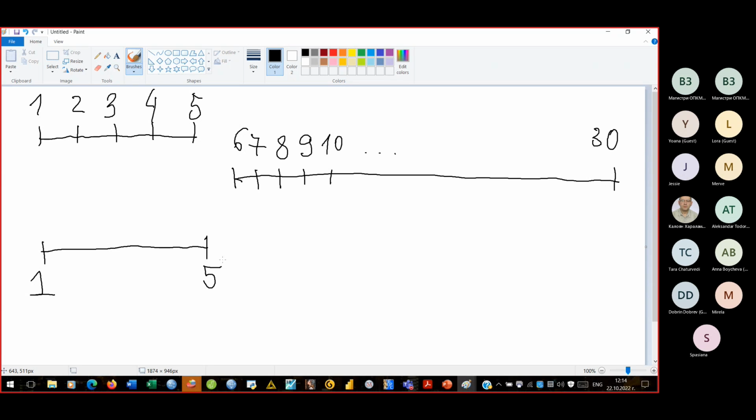But 7 divided by 6 is not 2. 7 divided by 6 is here. 8 divided by 6 is here. 9, 10, 11, and 12 divided by 6 is 2. After that, 13 divided by 6, 14, 15, 16, 17, 18 is 3, and so on.